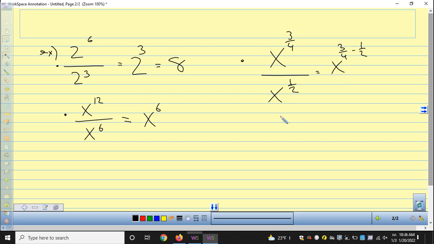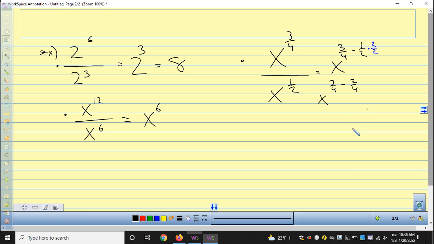So we need to remember how to subtract fractions. I need a common denominator. My common denominator is going to be 4, so I'm going to multiply this by 2 over 2. So when I do that, I get x to the 3/4 minus 2/4.